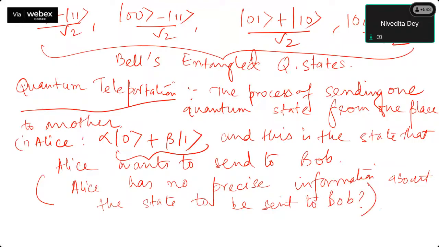So this information is not clear to Alice. That means it is just an arbitrary state that Alice wants to send to Bob without having any information about the state itself.